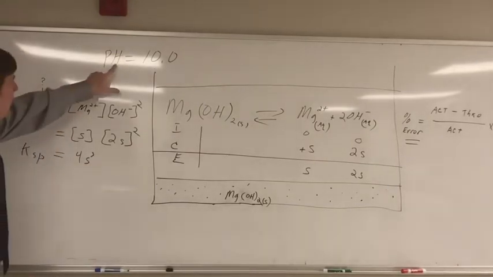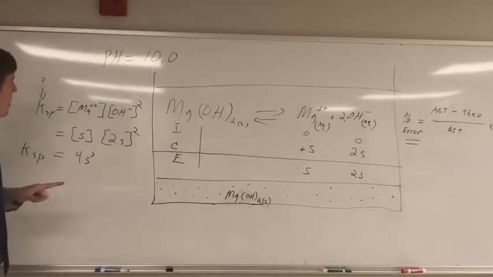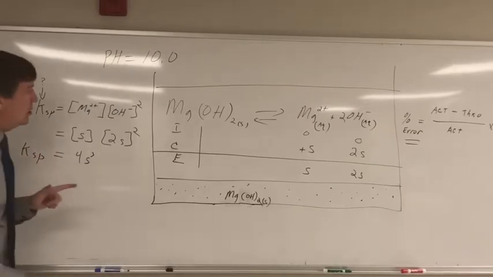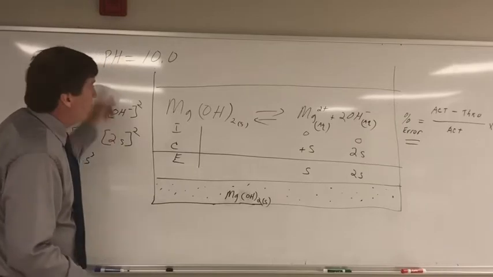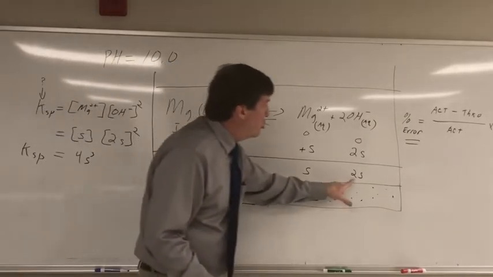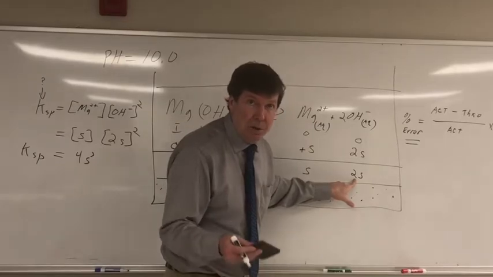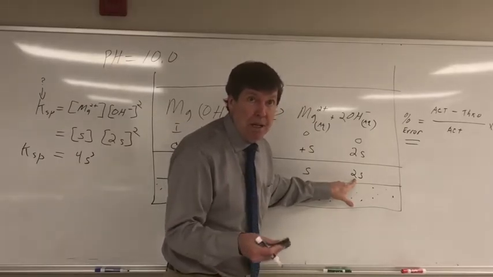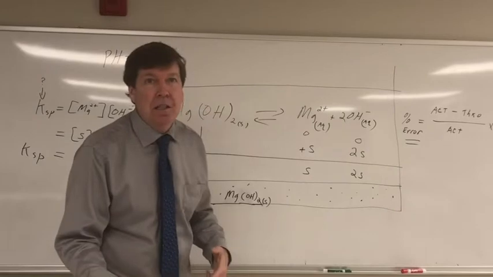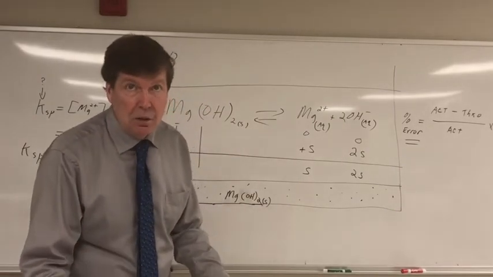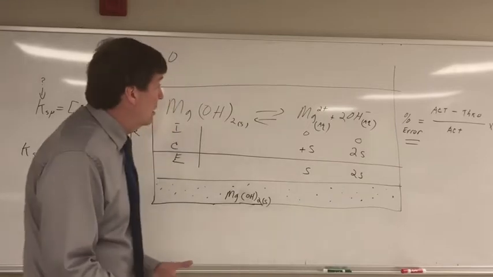We do know that the pH value is given, and from the pH value, I think we could determine the 2s quantity. Of course, we have to convert the pH to the pOH, and then the pOH into the hydroxide ion concentration. So that's a really good place to start here.